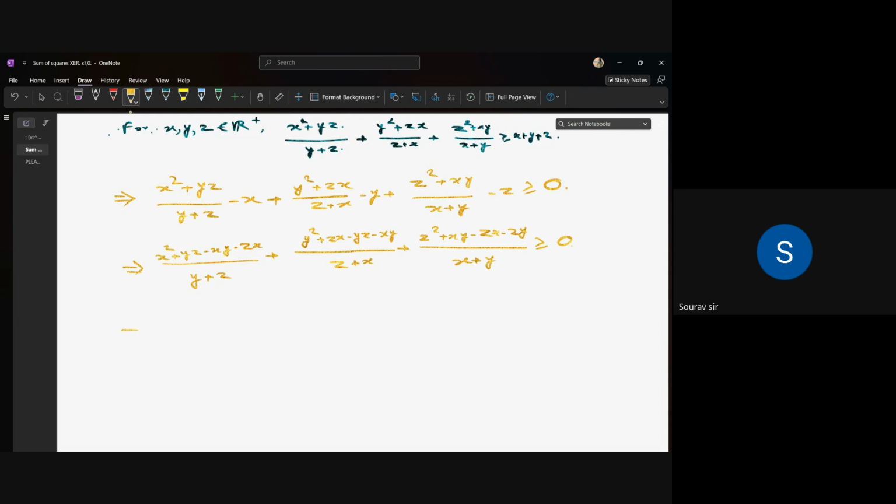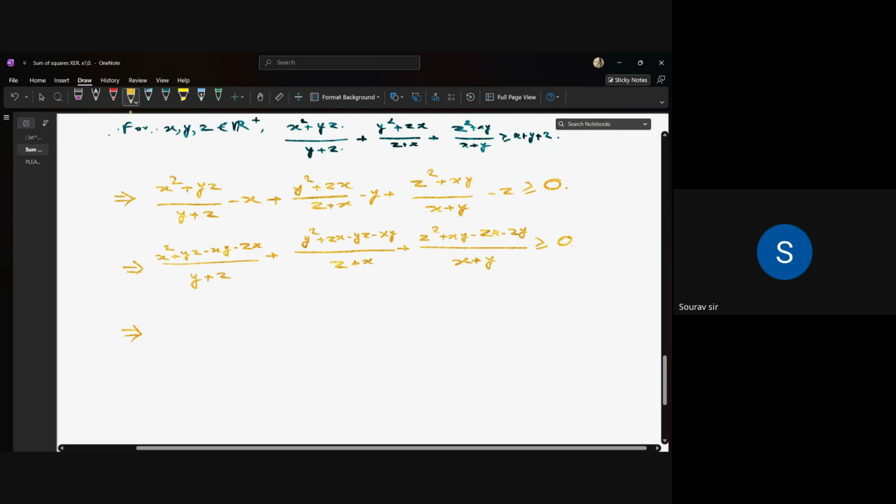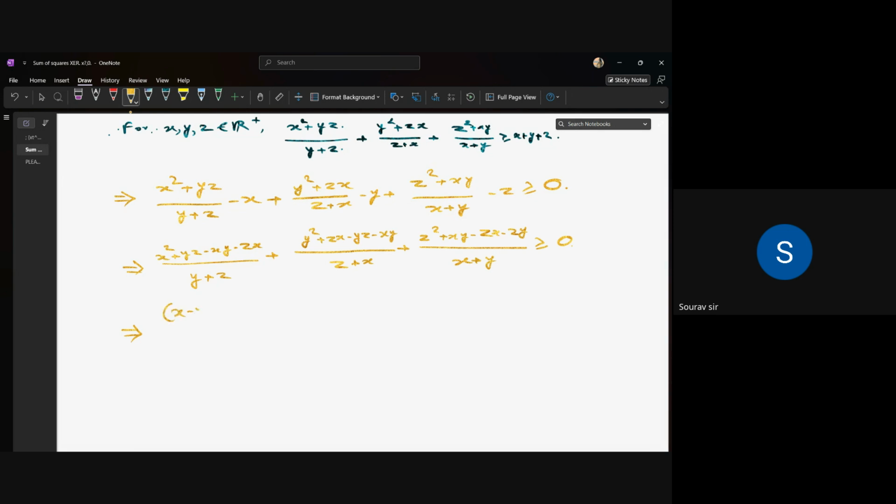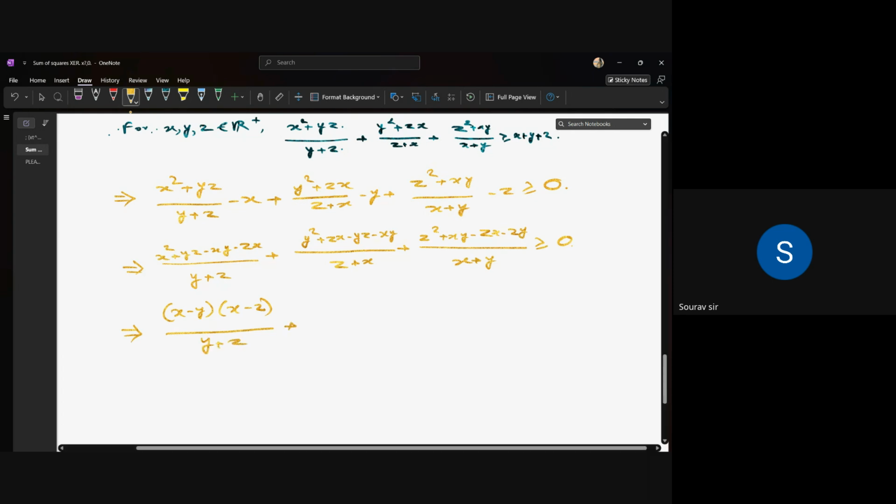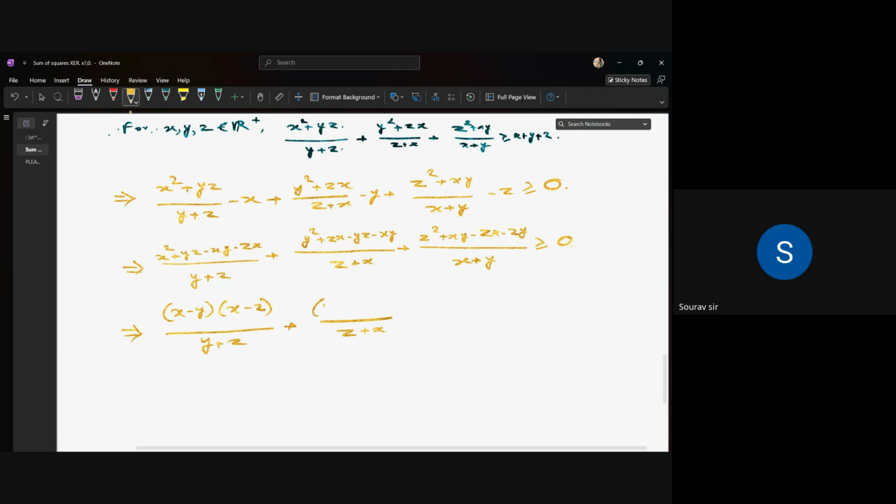Okay, so if we are getting this thing, we have to take common from that, and basically we will get, so from then we will have our y plus z, z plus x, and x plus y as the denominators.